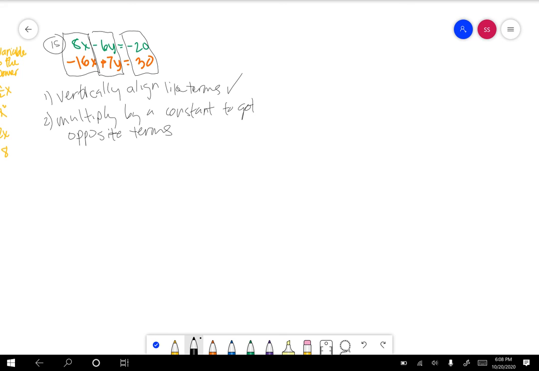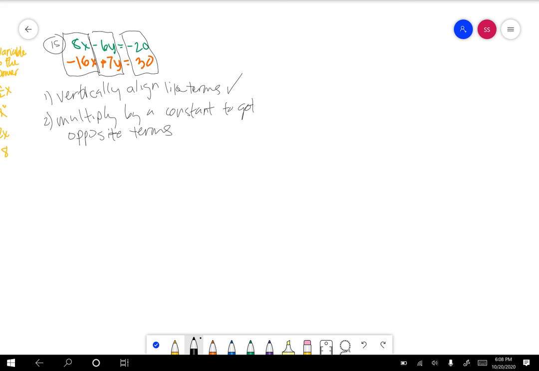Okay, so if we look at our two equations here, let's just look at the x's and the y's and the constants. We have 8x and 16y. That would be fairly easy to get to the same number, okay? The same multiple, if you will. If you look at the y's, we have negative 6y and plus 7y. That one we could still do. It would just give us some big numbers.